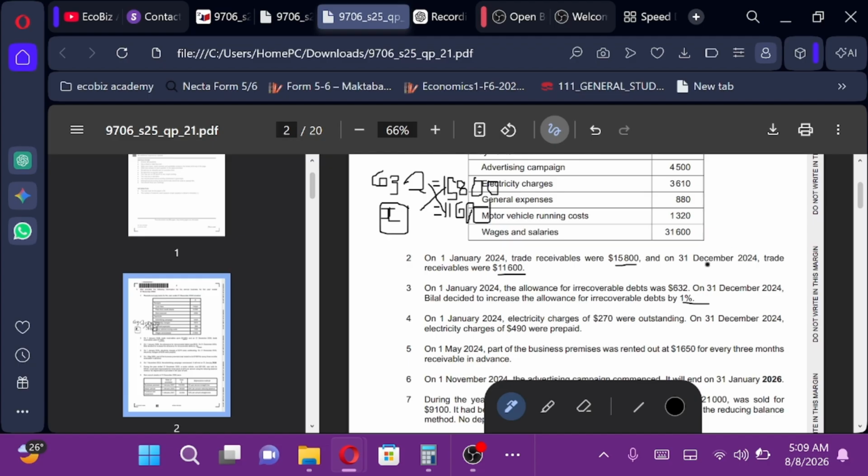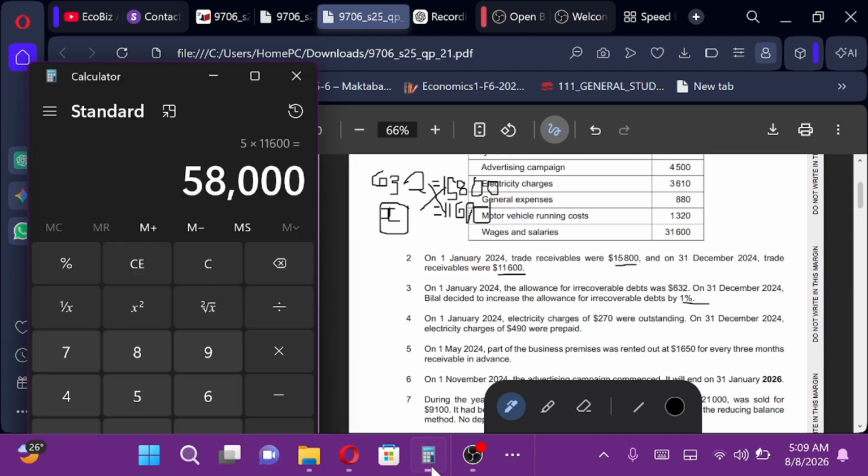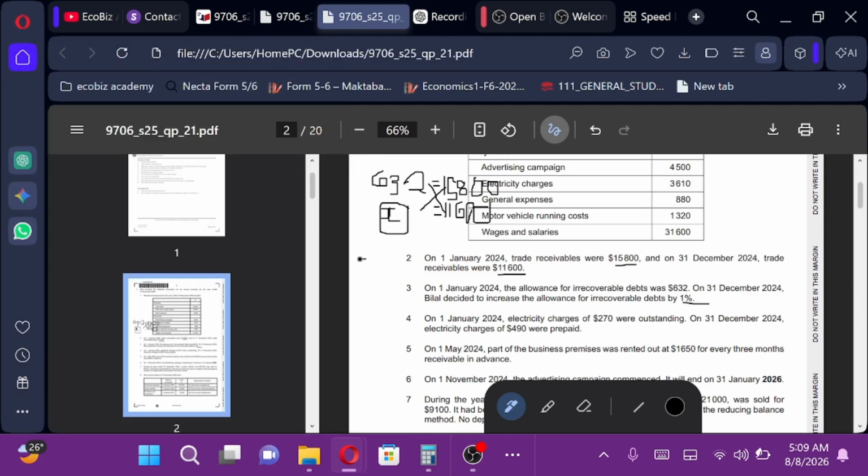So after getting this amount of 58,000, if you didn't know guys, 58k is equal to 580, because the two zeros are just a percentage.